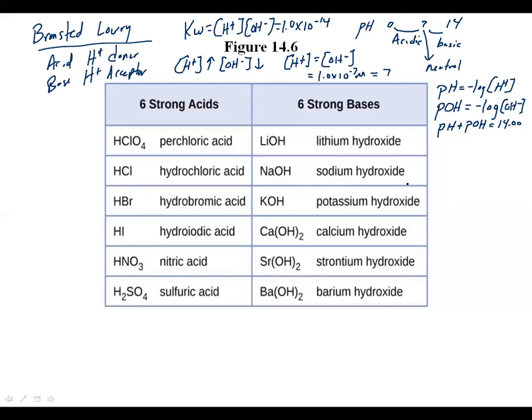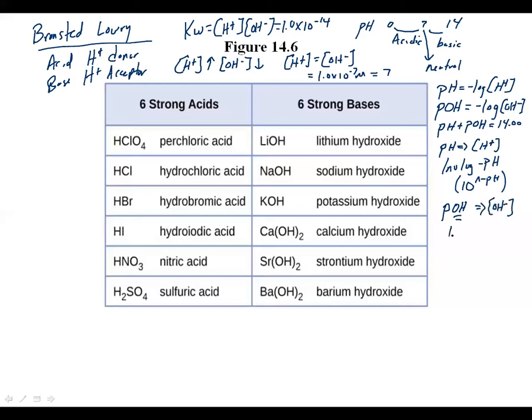We also saw that if you have the pH, you can get the H plus concentration from it, and that's the inverse log of the minus pH. On most people's calculators, when you do the inverse log, that's when it will pop up that 10 and a caret, and you want to take the minus pH. You can also do that for the pOH, except that the pOH, much like the name implies, will not give you the H plus concentration, it will give you the OH minus concentration.